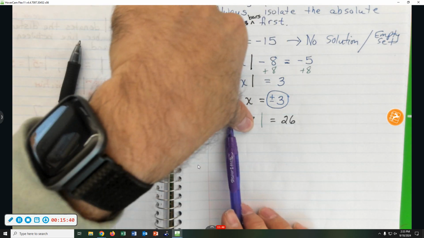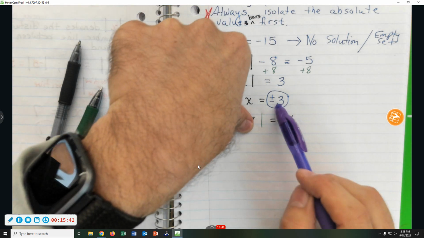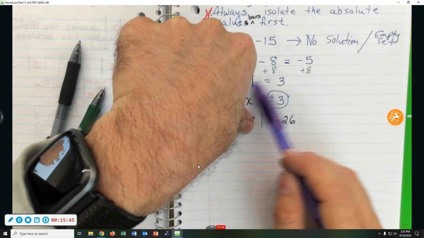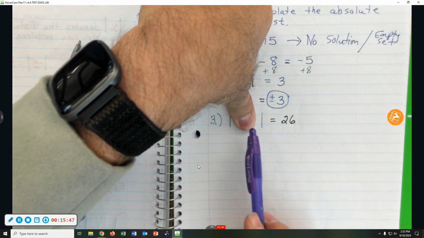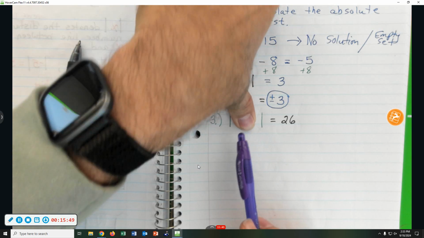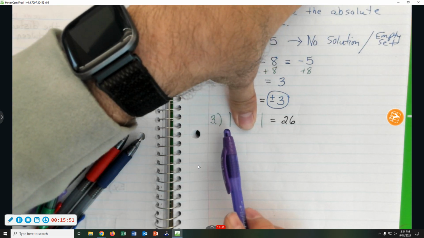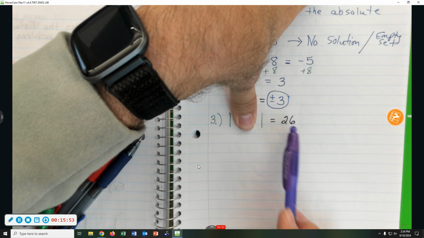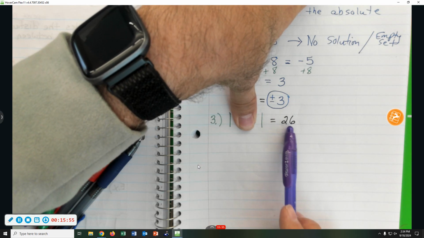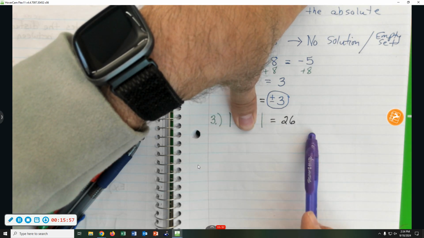If this were like problem number 1, or this one right here, absolute value x equals 3, what are the only two numbers that can go inside these absolute value bars? What are the only two numbers that have absolute value equal to 26? Positive and negative 26.